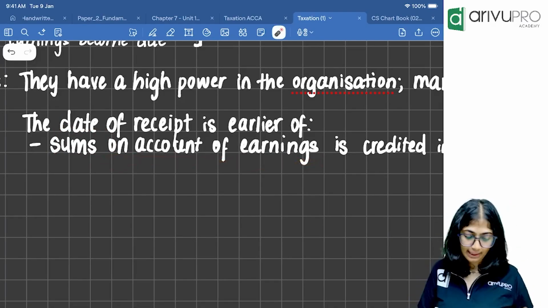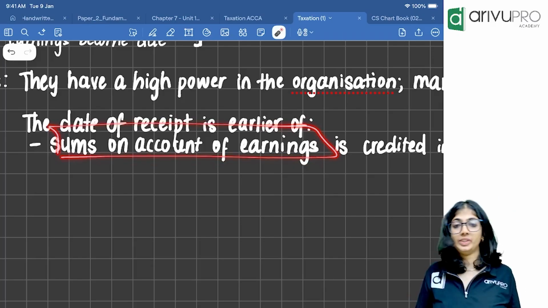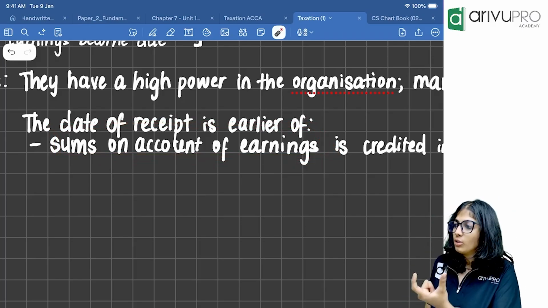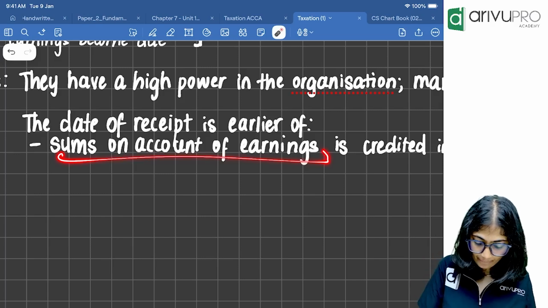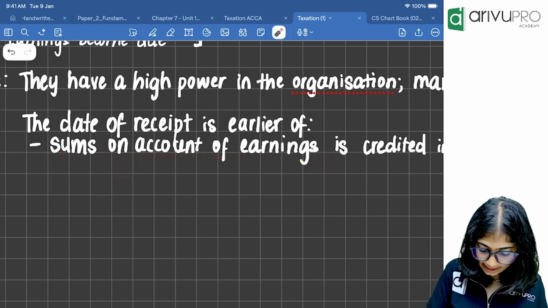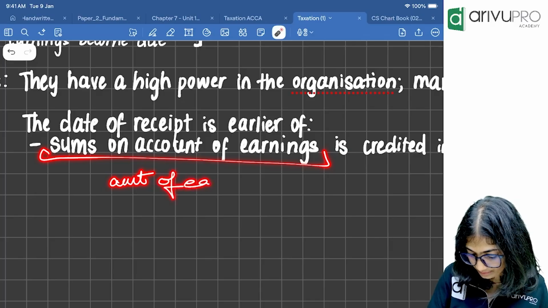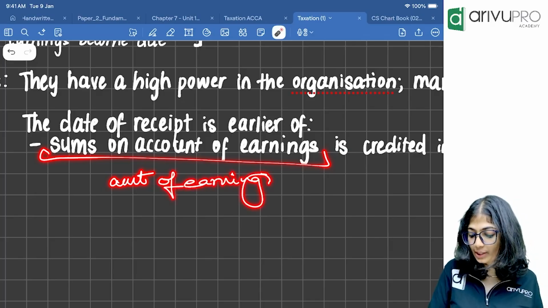This is just a complicated way of saying the amount of earnings, but you need to remember the keywords.